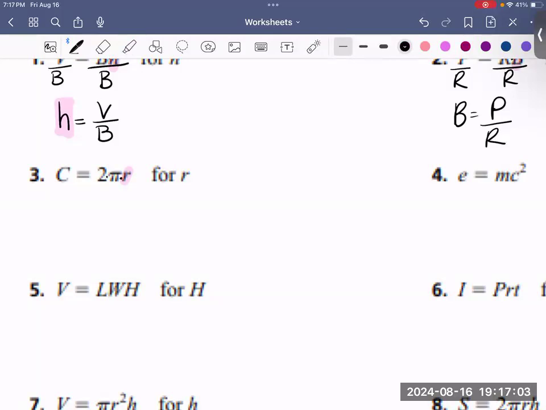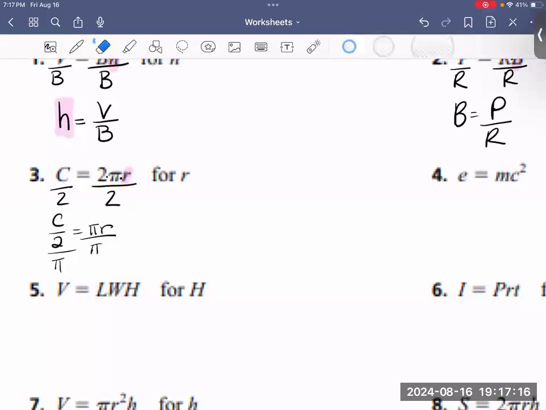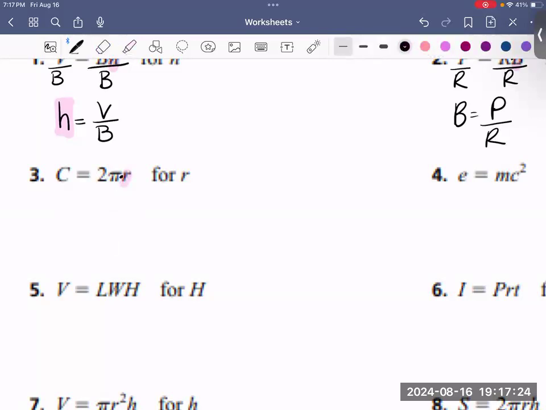So rather than dividing by the 2 and then having c over 2 is equal to pi r, and then again dividing by pi, and then having to do the keep, change, flip, all of that, why not make your life a little bit easier? As long as they're being multiplied, this whole thing being multiplied to r, you can go ahead and divide them both together. This way, r is then alone, and you only have to do that one set of division, and you're not going to get as lost.